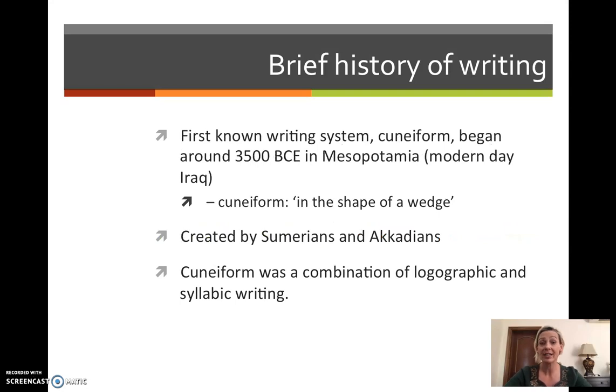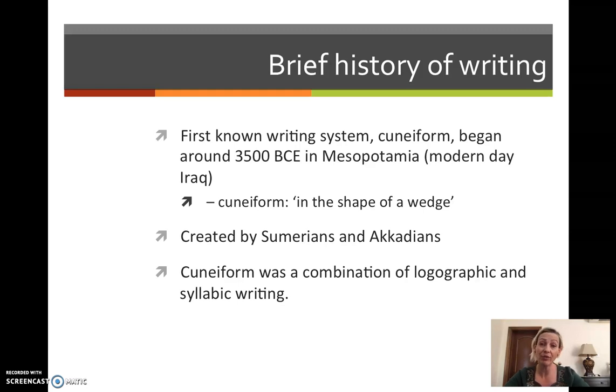And the first known writing system, the oldest writing system that we know, was cuneiform. And this began being used around 3,500 years before Common Era in Mesopotamia, which right now is the area where Iraq is.